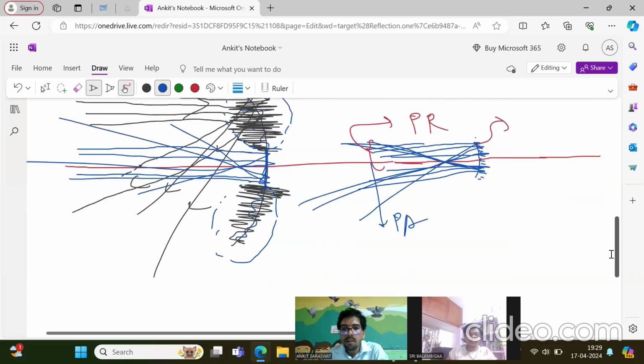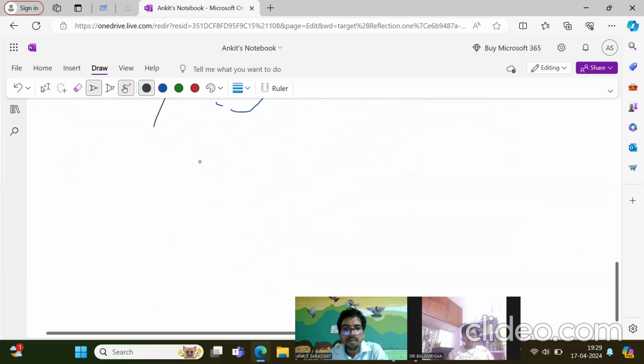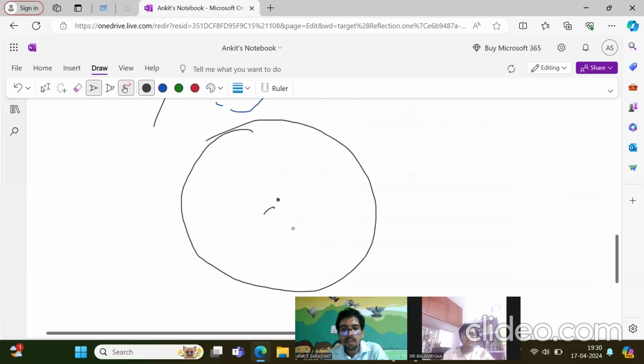So how will you get the low aperture? For example, this is the spherical mirror and this is the center of curvature. This is the principal axis. From this mirror you will cut a very small portion like this. I have drawn it like this. It is very small. Clear?